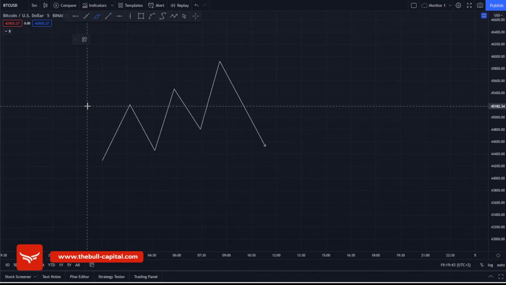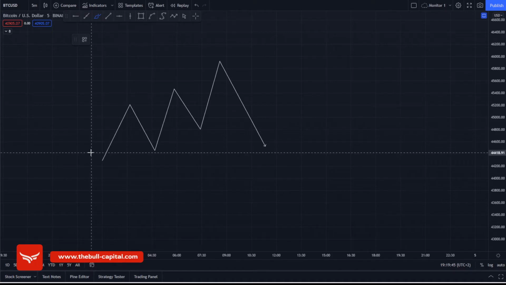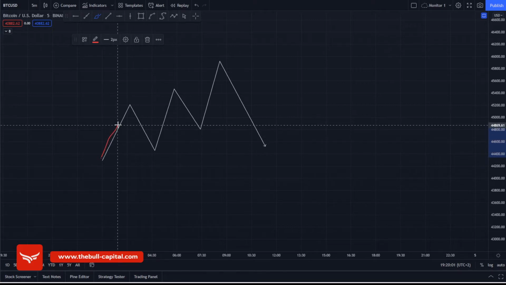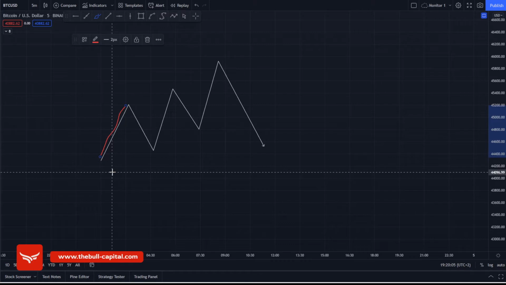For example, let's say it comes from a lower price, and the price is increasing, it's going higher. That creates a swing, and the swing is done.